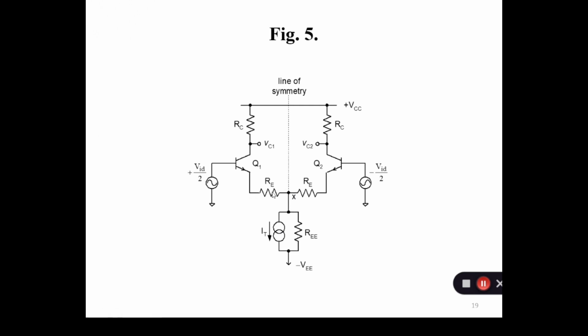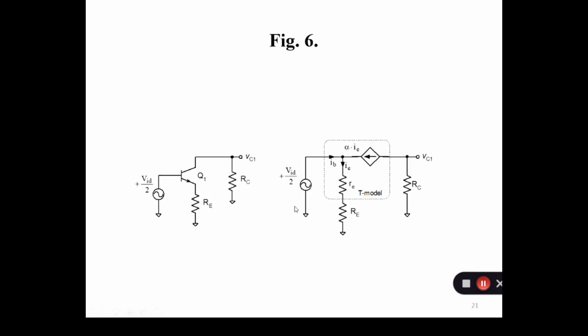But in this section, this one is a positive voltage, this one is a negative voltage, and both values are the same. For example, plus 5 volt and minus 5 volt. So if you go from plus 5 volt to minus 5 volt, somewhere in the center it will become 0 volt. So that's why this is the 0 volt, known as ground. We can give the name line of symmetry to this point. So it is known as virtual ground.